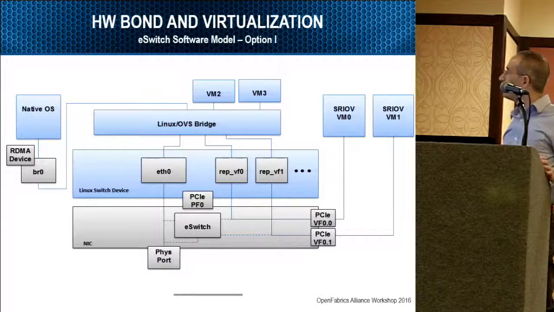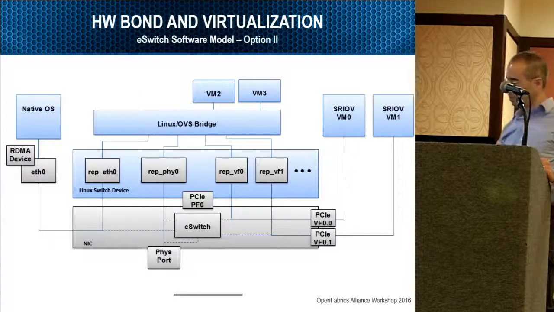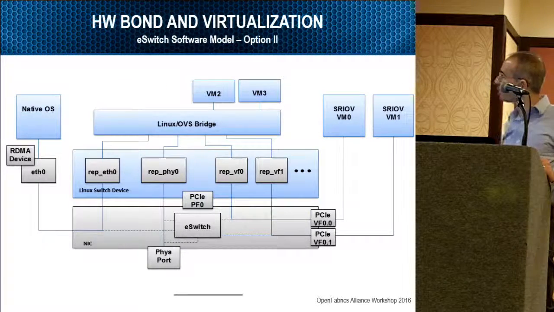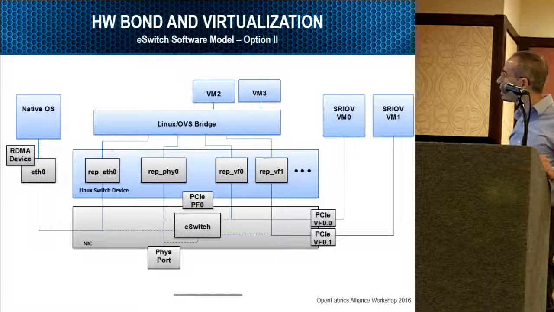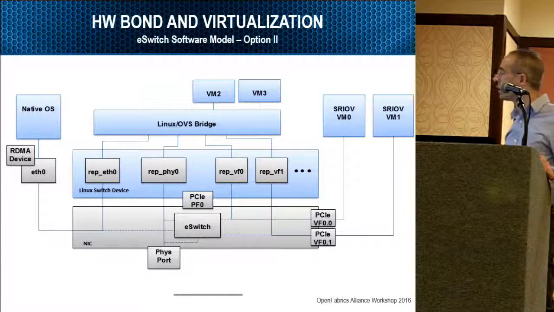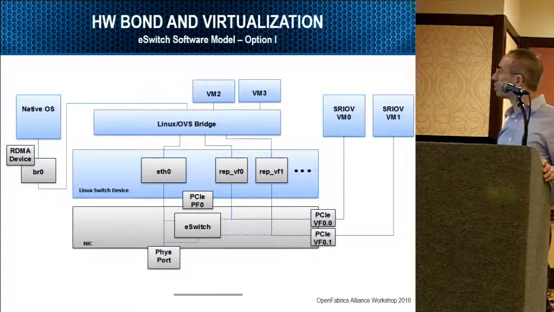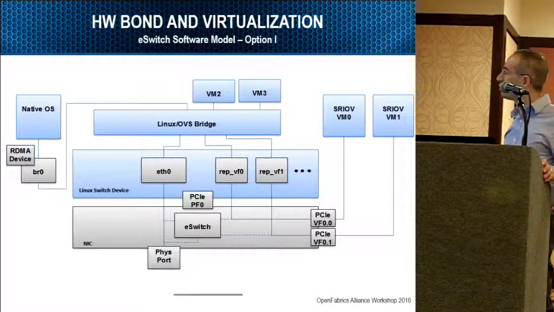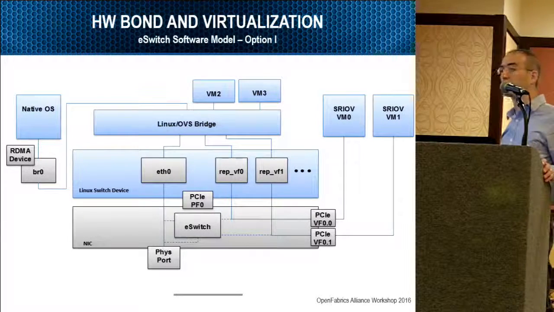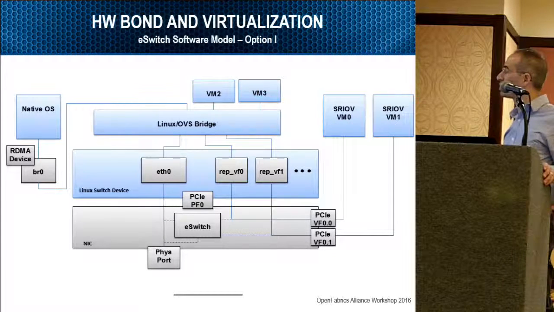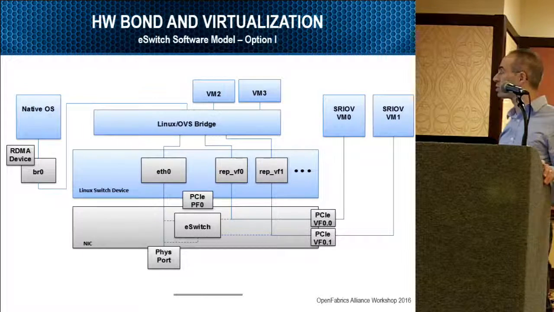That's one option. The other option that we can support, you can see the difference here. The difference is mainly how the native OS or the hypervisor is connected to the embedded switch or the virtual switch. In the previous configuration, the native OS is connected through the software switch. So whenever the hypervisor wants to talk to any VM, it must go through the software forwarding database first.